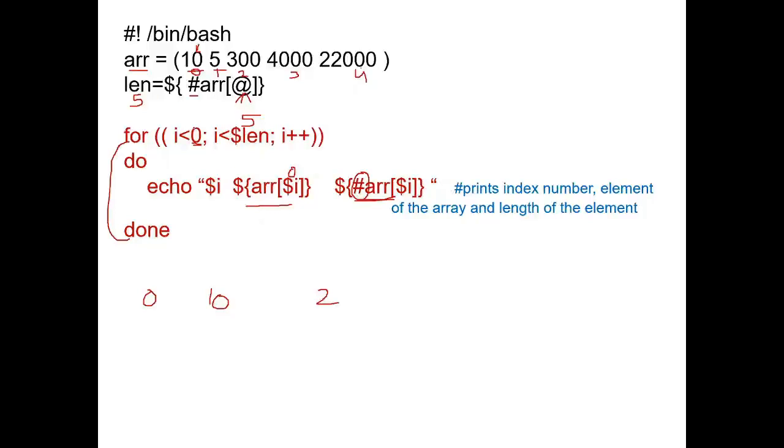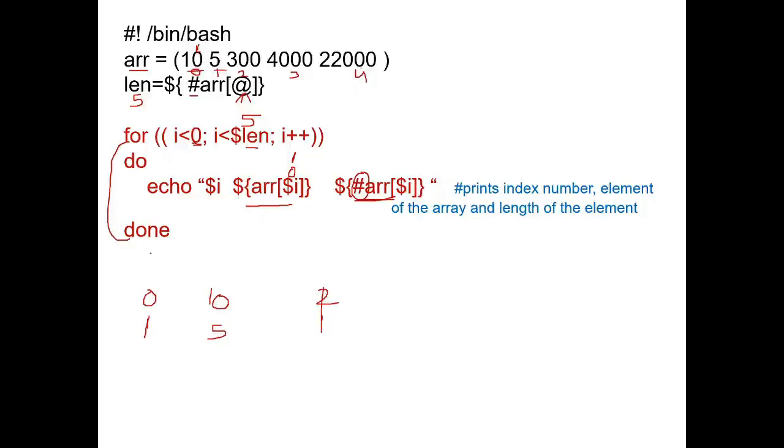Now the next time the I value is 1, so the condition is true and it enters the loop. It prints the I value 1, then whatever is stored in position 1, which is 5, and then the length. Length is only 1 because there is only a single digit.